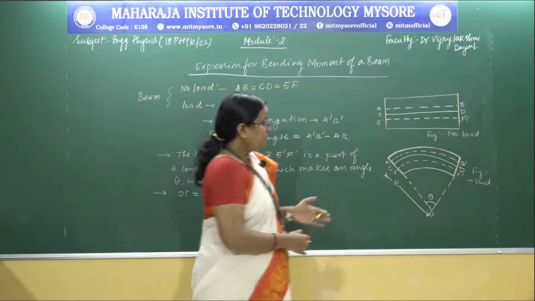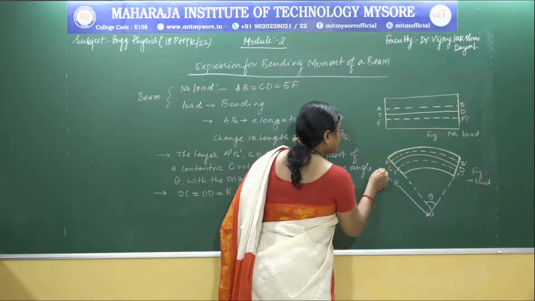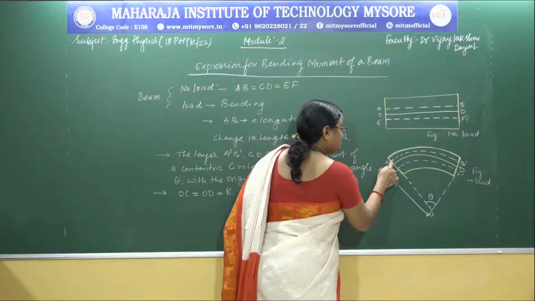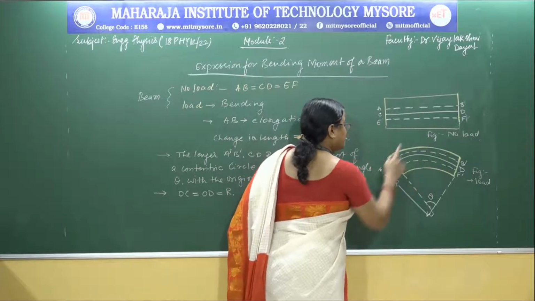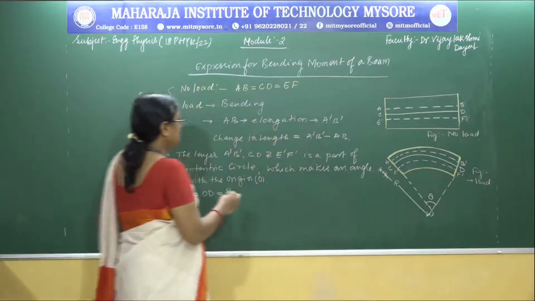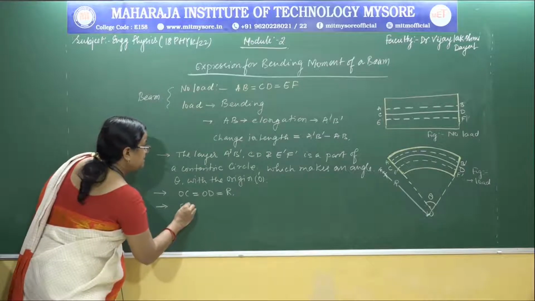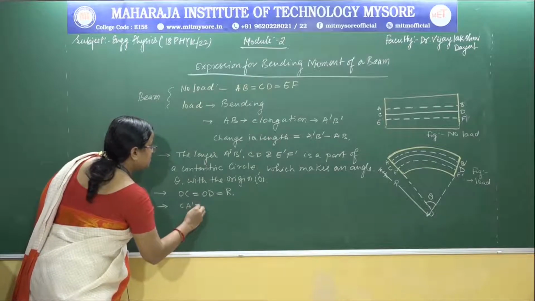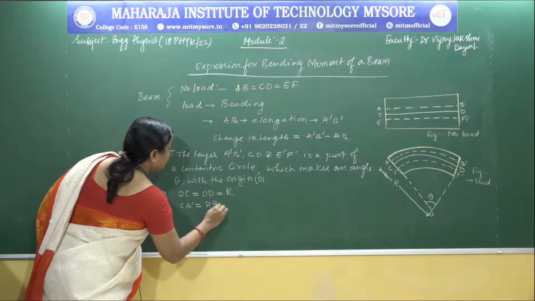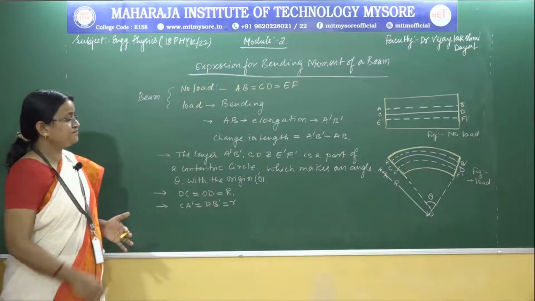And also we consider the distance between the layer to which filament AB belongs and the neutral axis to be r. Meaning CA' is equal to DB', and that is equal to r.